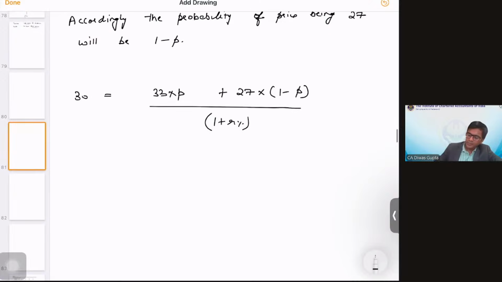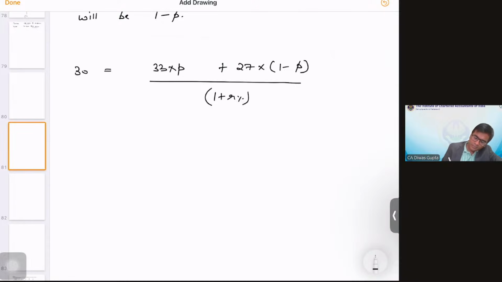Clear? So there is an actual price, and the right hand side of the equation represents the present value of the expected price.